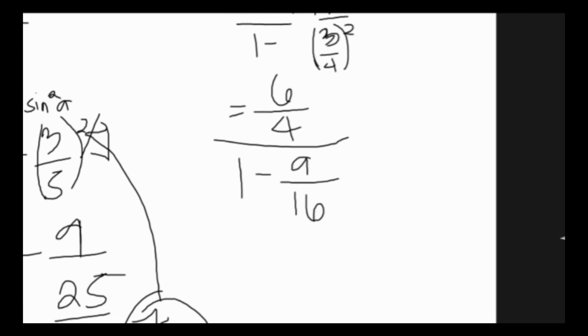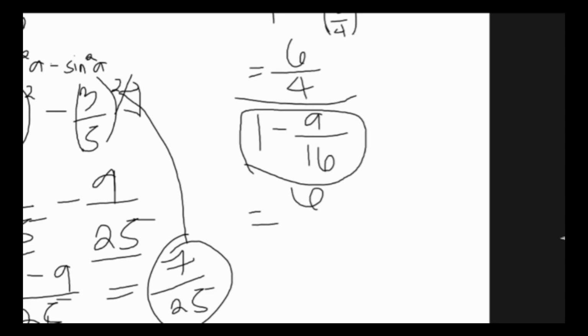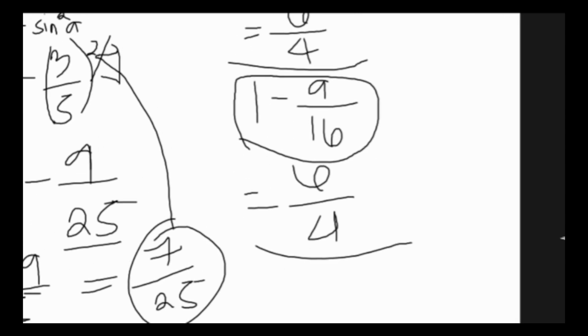Then let's first equate this denominator. So 6 over 4 all over 7 over 16.